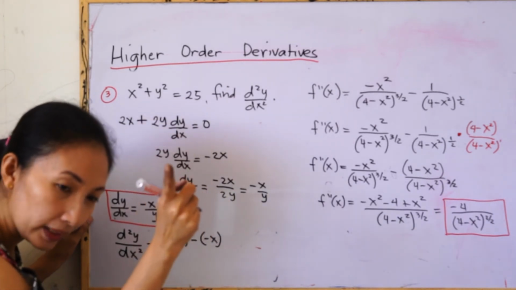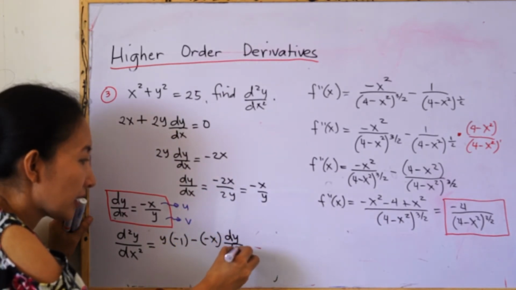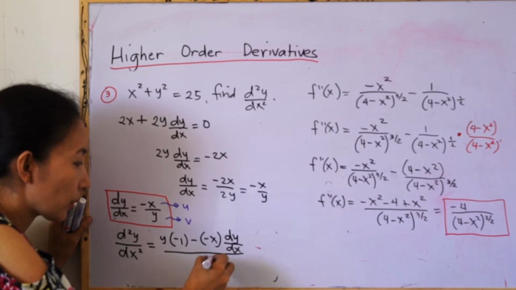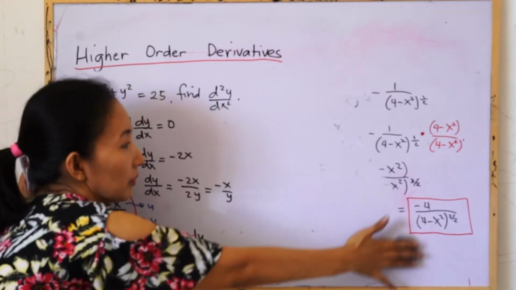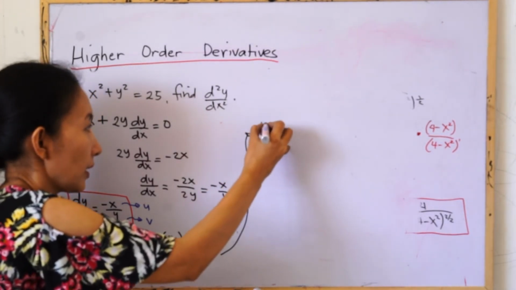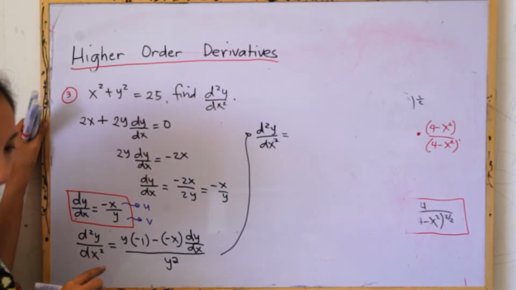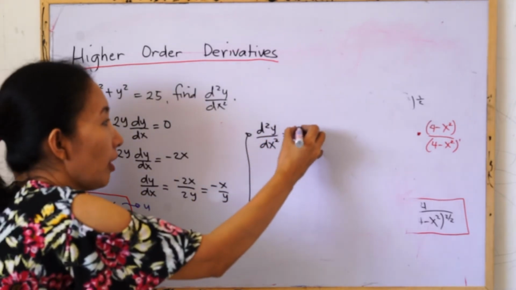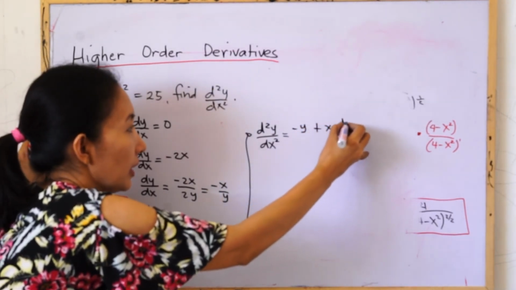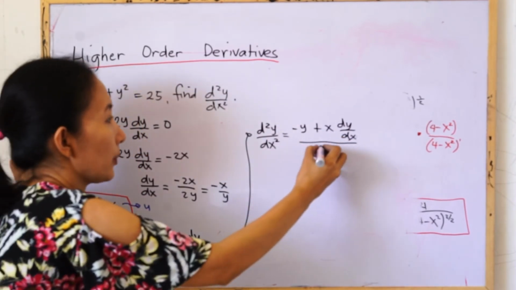The derivative of y is 1 dy dx, or dy over dx. Can you follow? All over v squared, y squared. Simplifying it further, the second derivative of y with respect to x is now equal to negative y plus x dy over dx, all over y squared.